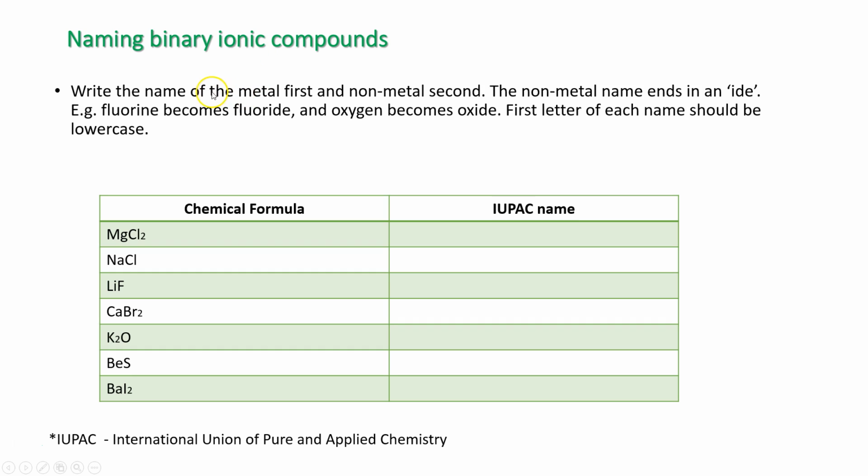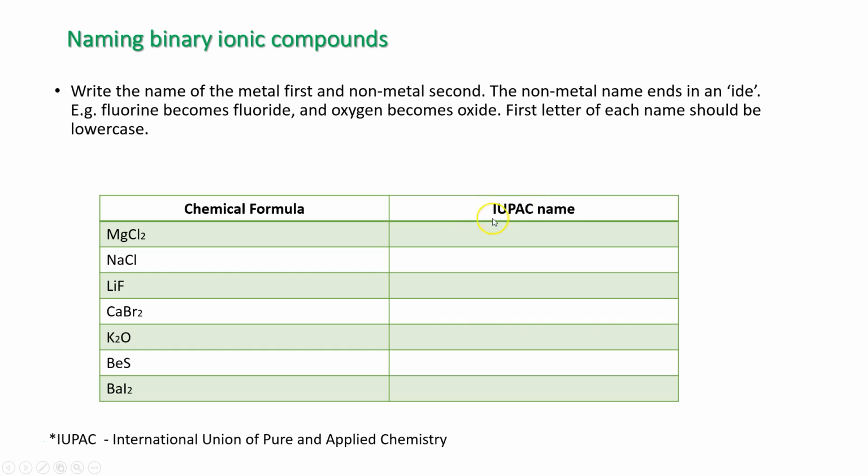We write the name of the metal first, and then the non-metal second. The non-metal name ends in an "ide". For example, fluorine becomes fluoride, and oxygen becomes oxide. The first letter of each name should be lowercase, so when naming, we generally don't use capital letters.